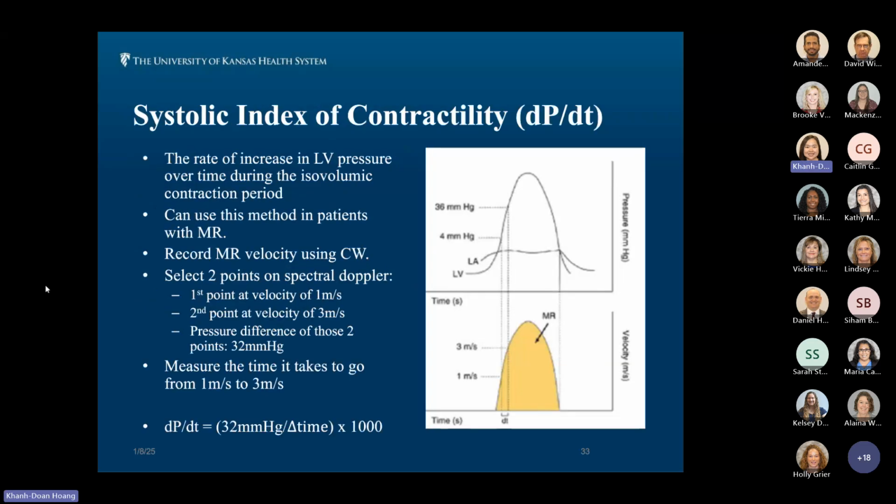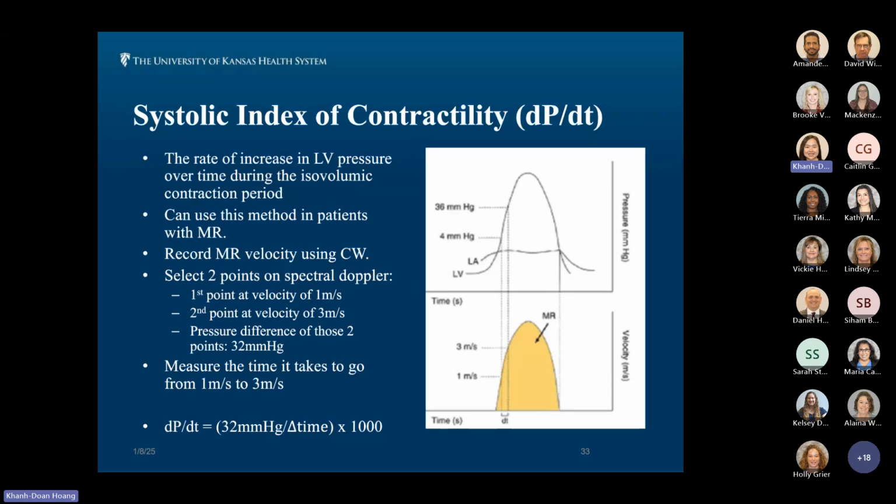So another method to evaluate systolic function is by using systolic index of contractility. It's defined as the mean rate of increase in pressure over time during your isovolumic contraction period. So essentially, how quickly does your pressure change within the ventricle during contraction? And it's a pretty good measure of LV contractility, especially in patients where you have mitral regurgitation and a nice central jet.